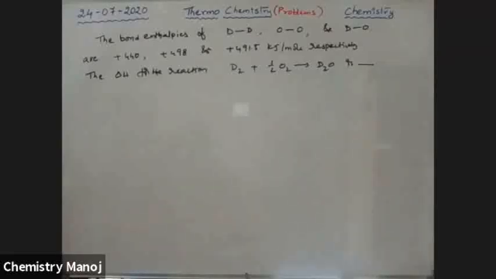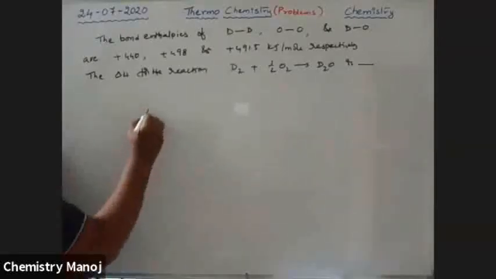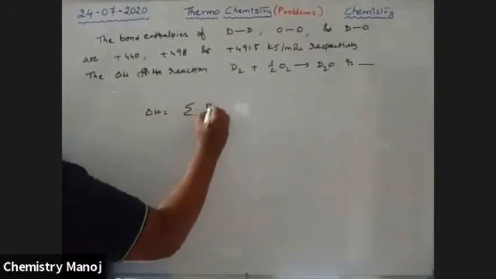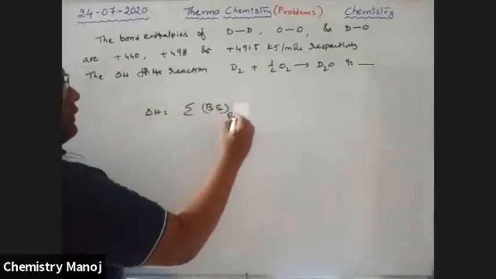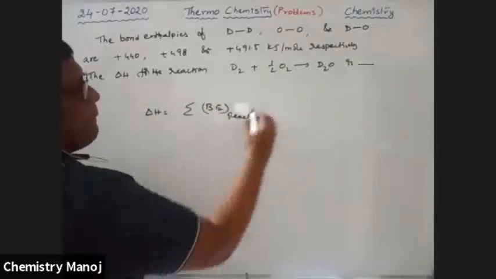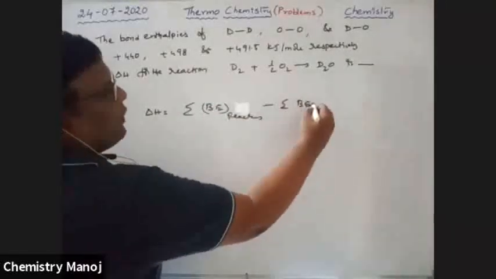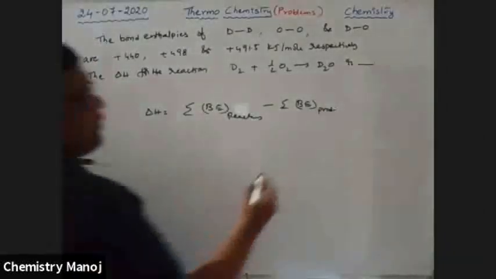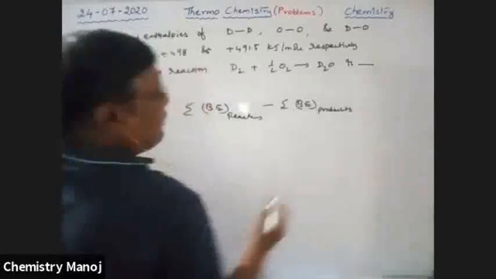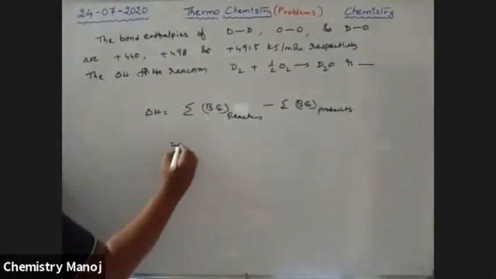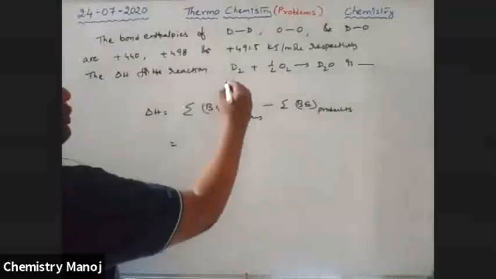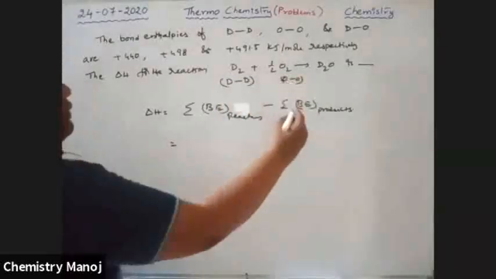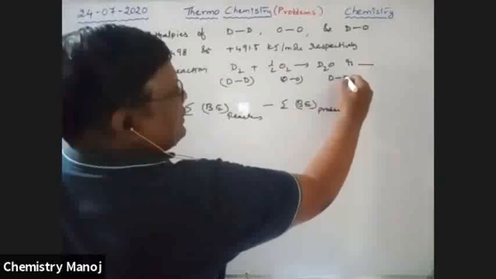So delta H is equal to sigma bond enthalpies of reactants minus sigma bond enthalpies of products. When bond enthalpies are given, it is reactants minus products. D2 means a single bond, D-D. O2 means O double bond O. D2O is just like H2O.